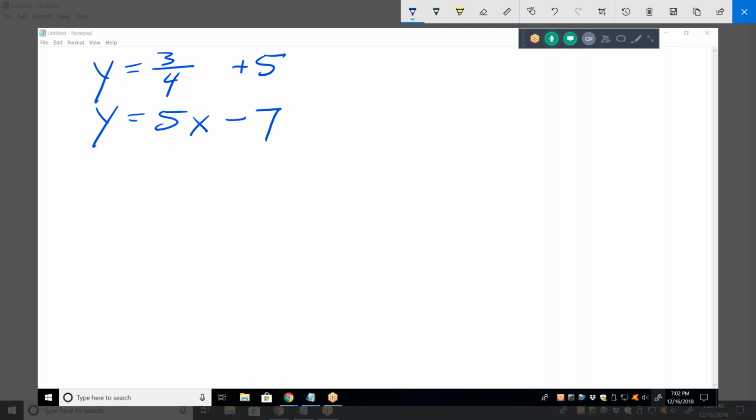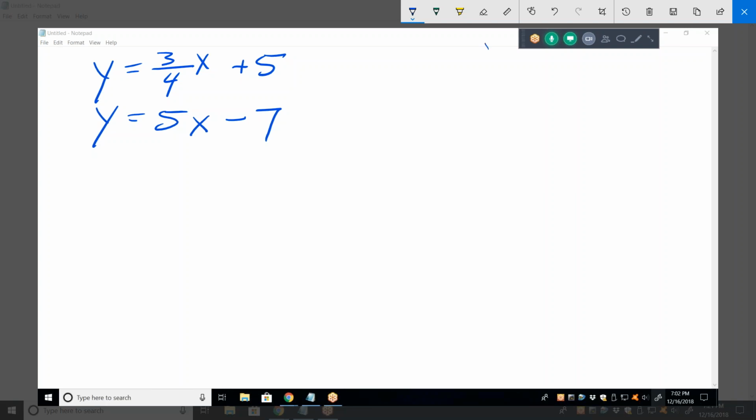It's not quite right. Well, it depends on how long you pause, but 3 over 4x could be that, and that's not what we have. So it wasn't incorrect, it was just ambiguous. Because 3 over 4 times x is this, where the x is in the numerator, not in the denominator. It always needs to be in y equals mx plus b format, which means that x has to be in the numerator.